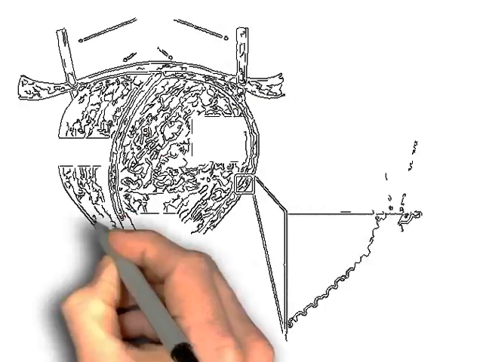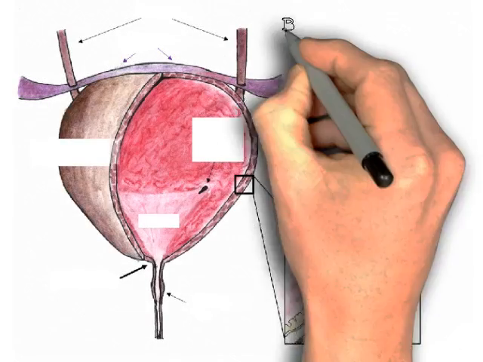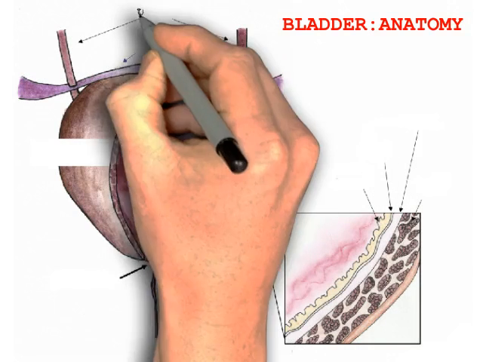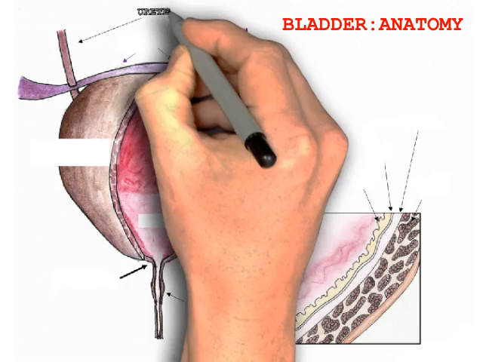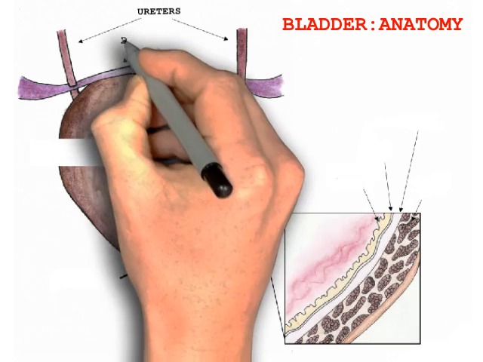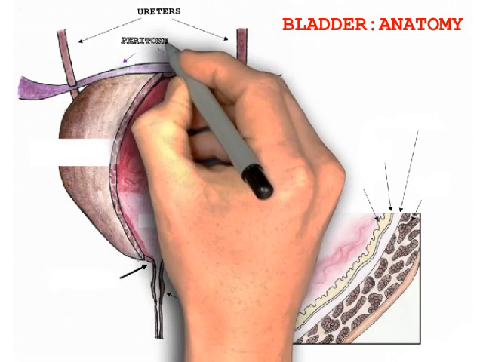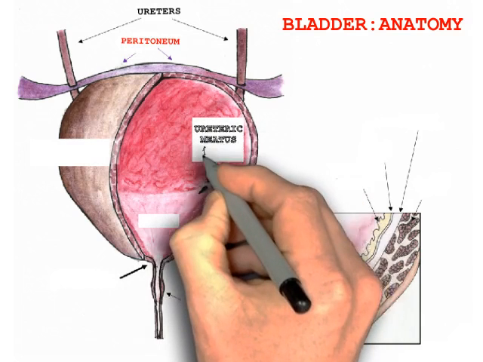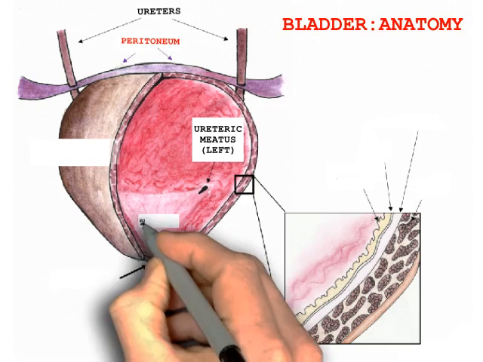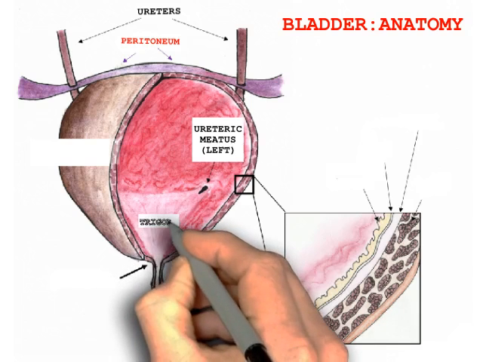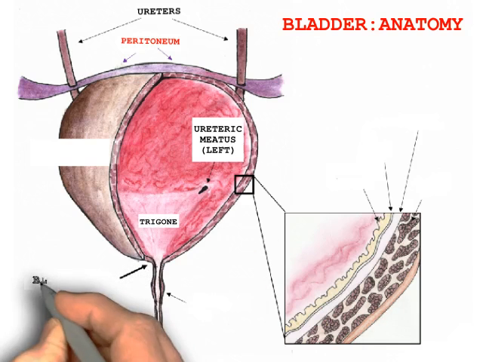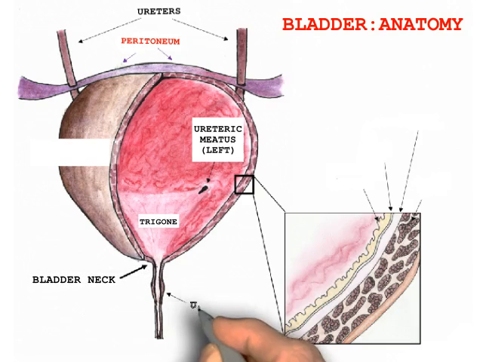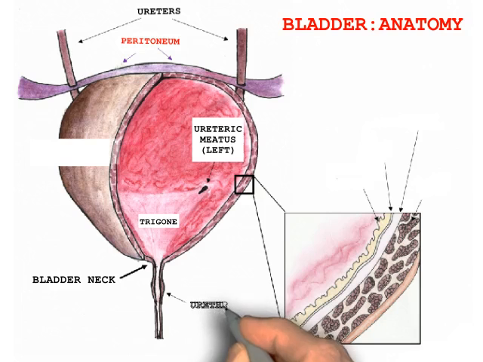Now let's take a look at the anatomy of the bladder. As we know, urine comes into the urinary bladder through the ureter, and the urinary bladder is also covered by the peritoneum. Here we can see the ureteric meatus on the left side. We can see the trigone at the bottom. We can also see the bladder neck, and we can see the urethra as well.